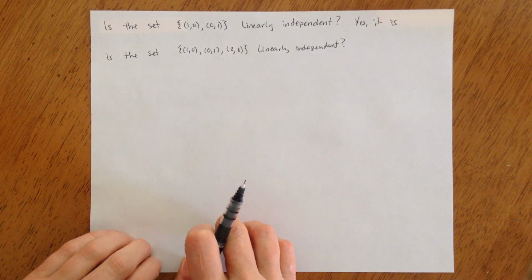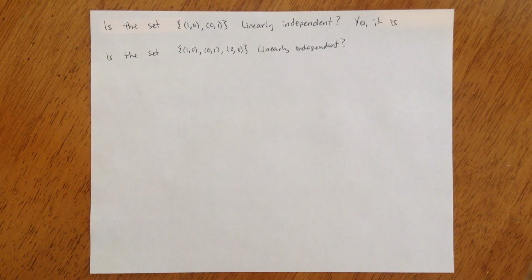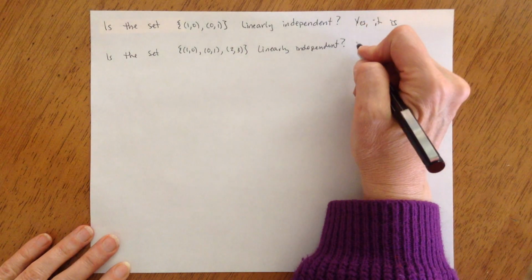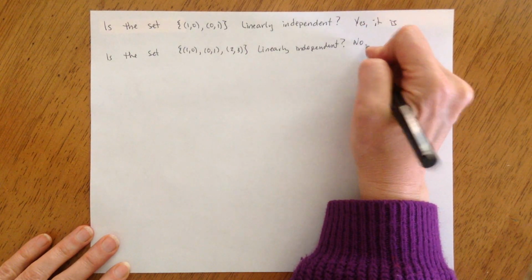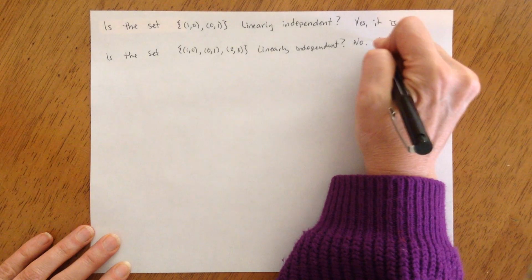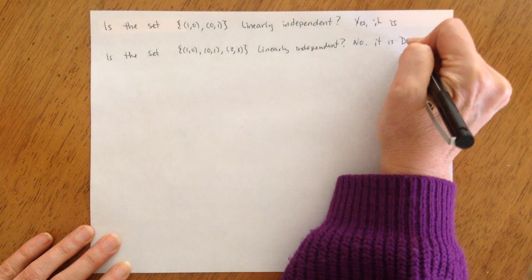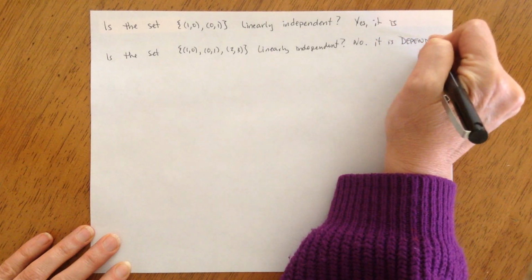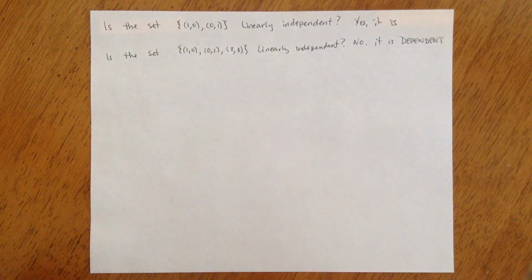So there's another set, again from R2, and the answer here is no, it is not independent. It is dependent. Linearly dependent, that is. And there's a pretty obvious difference between these two sets.